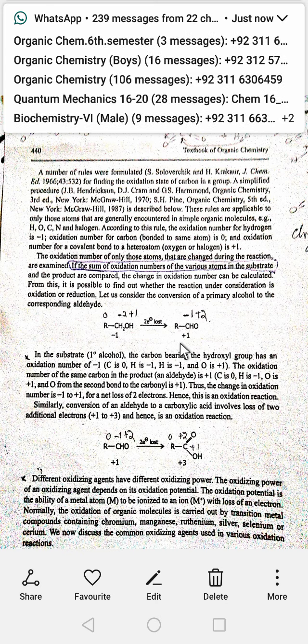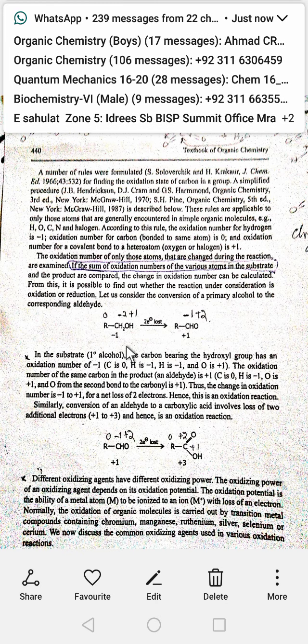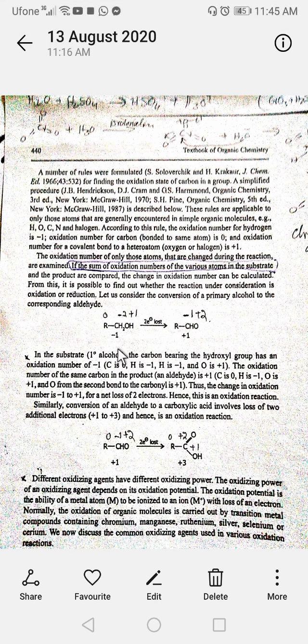So the oxidation state of the carbon in the primary alcohol is -1, and the oxidation state of the carbon in the aldehyde is +1. So there is an increase in oxidation number, which is called oxidation.